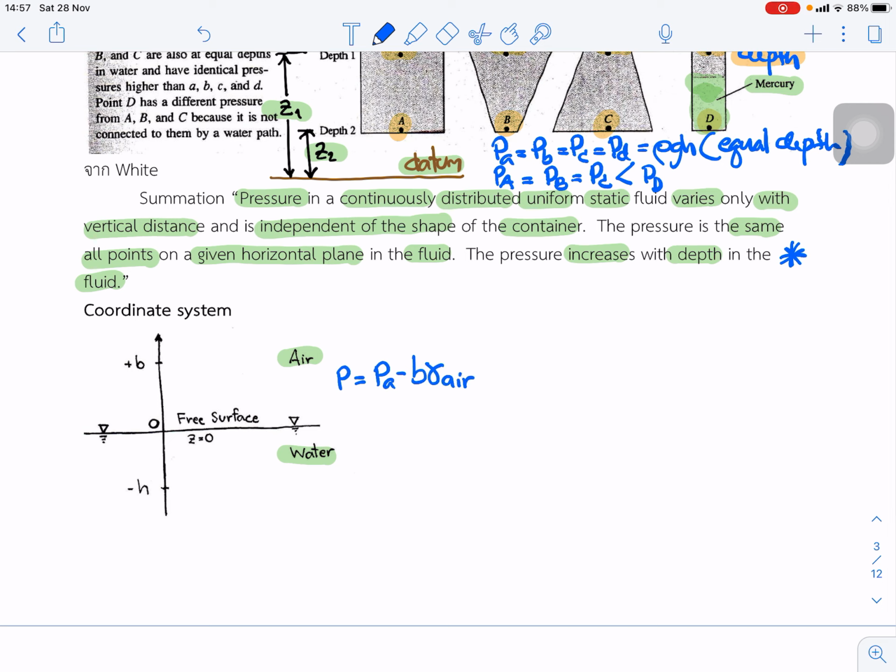Okay, so it means the pressure decreases with height from the surface. But for water, we use downward as positive, so pressure is equal to PA plus gamma water times h. Okay, that is the difference between the pressure of air and the pressure of water.